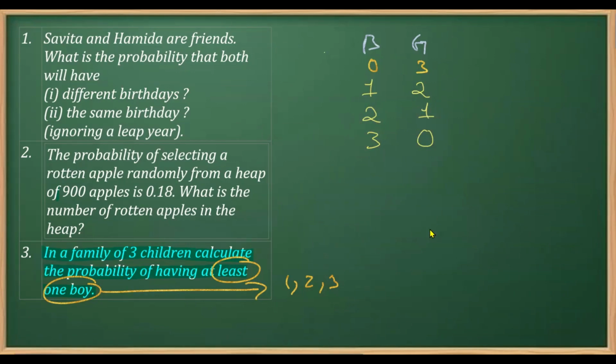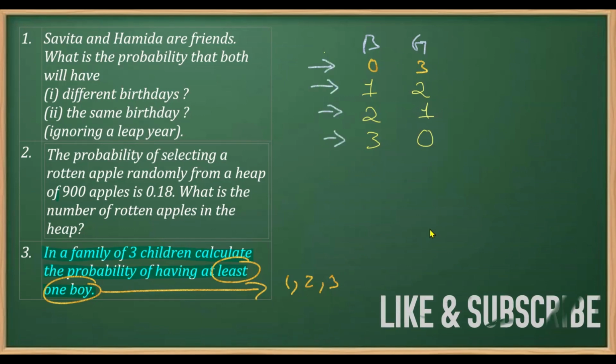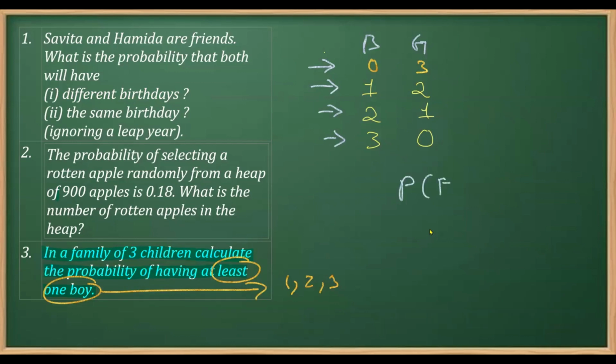Out of the 4 such pairings that can be made, the favorable ones are 3. So we'll say that in this case, the probability P(E) is 3 over 4. So this is the answer for the third part.